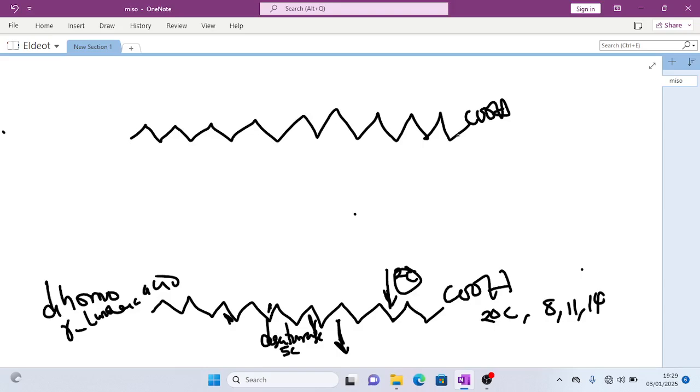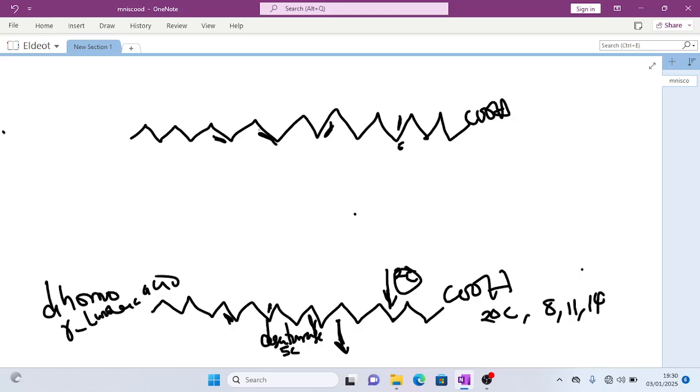We now have our unsaturation from carbon 5. So there's an unsaturation here, carbon 5, an unsaturation on carbon 8, an unsaturation on 11, and an unsaturation on 14.